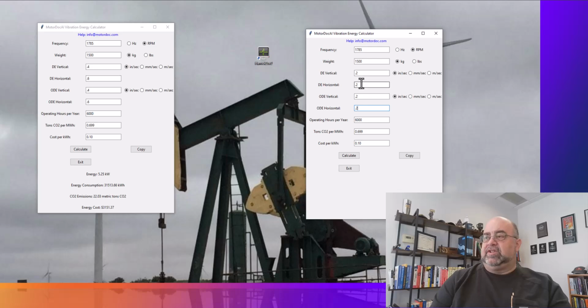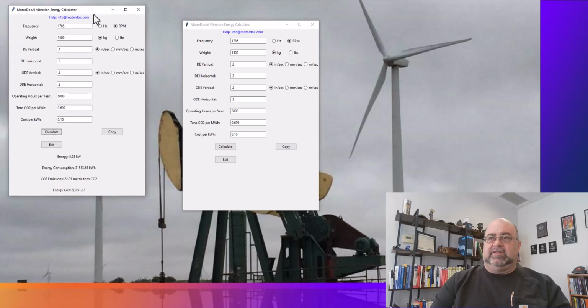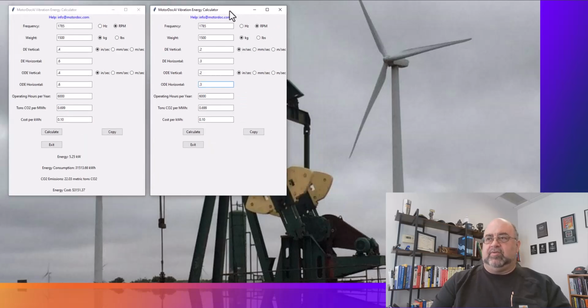Let's say for this one we're going to have that on balance. And then I'm going to start up another calculator as well. I'm going to start up a couple of them. Anyways, while we're waiting for it to do that, let's go ahead and calculate.